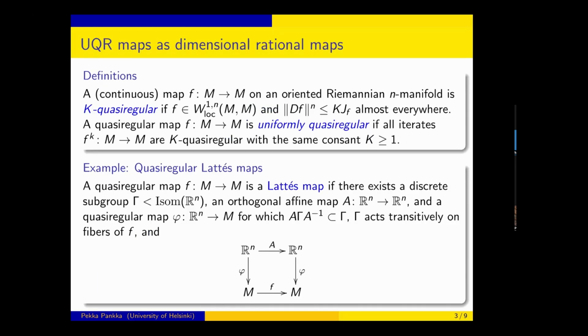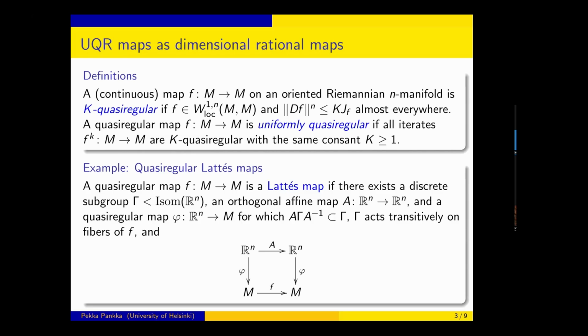Okay, but now the UQR maps. The starting point is something I think is also very familiar to many in the audience, but let me say a little bit. The quasi-regular maps are considered to be the counterpart for holomorphic maps in the conformal geometry of Riemannian manifolds in higher dimensions.